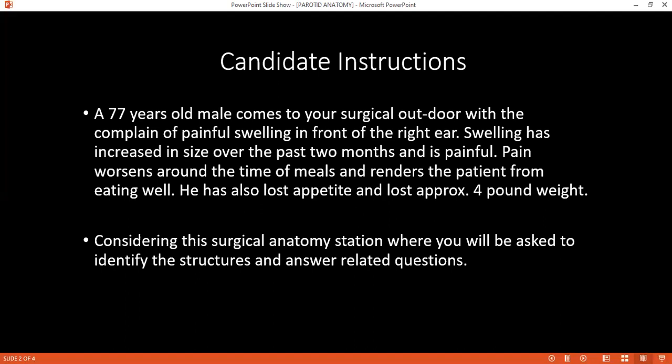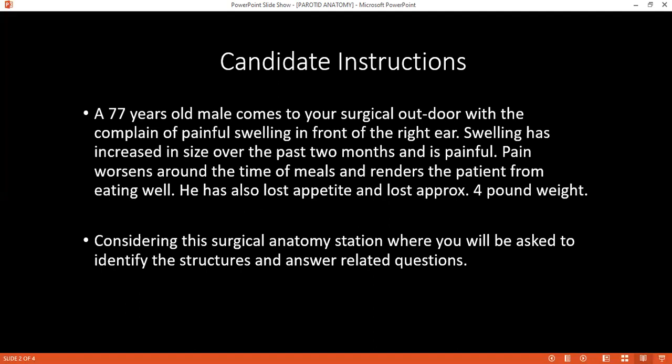How would you divide this structure, the parotid? It is divided into a superficial lobe and a deep lobe, ma'am. And how many borders and surfaces does it have?